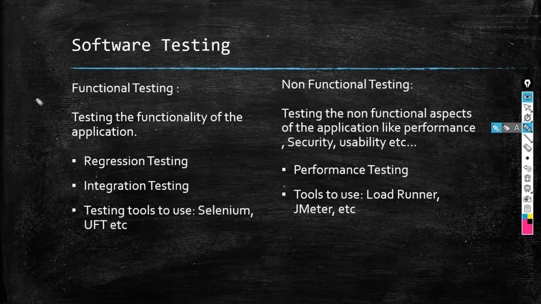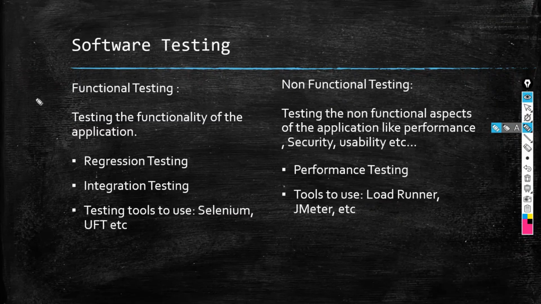But the primary focus for every performance tester is to know how fast the application is responding, or how quickly the pages are loading. So it's all related to performance, right? Some of the tools that we use as part of our performance testing are LoadRunner, JMeter, Gatling, NeoLoad, etc. There are multiple tools available in the market, but LoadRunner and JMeter are the most widely used tools in the market. We'll discuss information about those tools later.